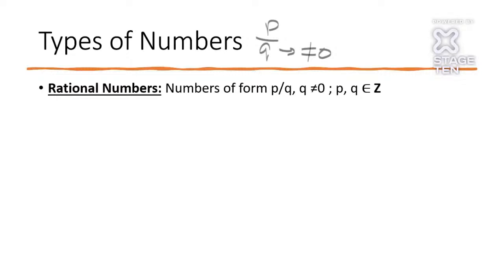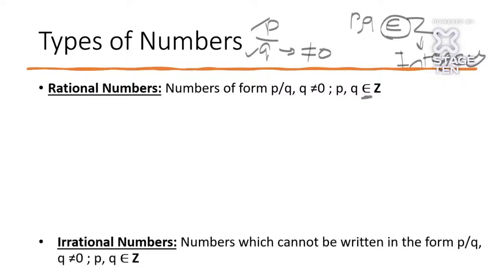And p and q should belong to Z, that is, they should be integers. This sign, this kind of E sign, is nothing but the belongs-to sign. Means p and q belong to integers.